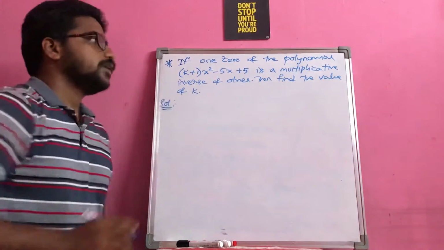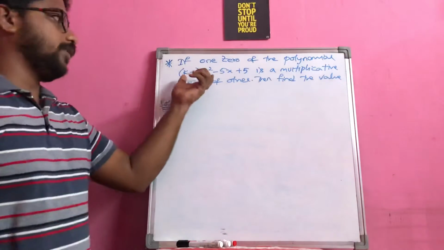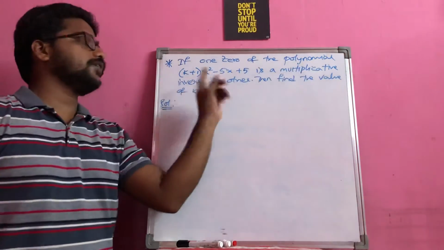Right, this is the question. So if one zero of the polynomial is the multiplicative inverse of the other.